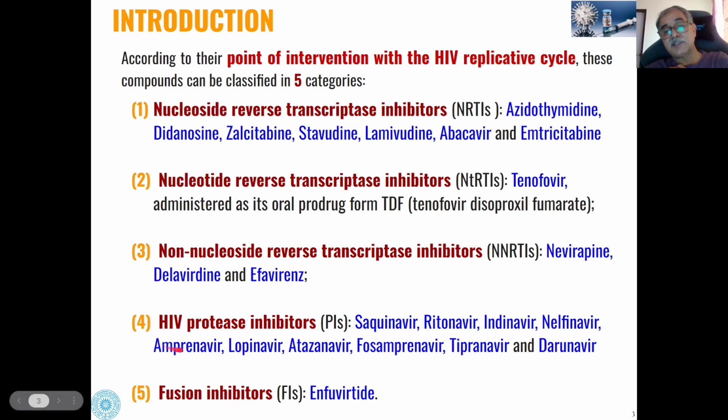In the last lecture, we discussed the synthesis of some commonly used HIV protease inhibitors. In this lecture, we will discuss nucleoside and nucleotide reverse transcriptase inhibitors, whereas in the next lecture, we will discuss non-nucleoside reverse transcriptase inhibitors.